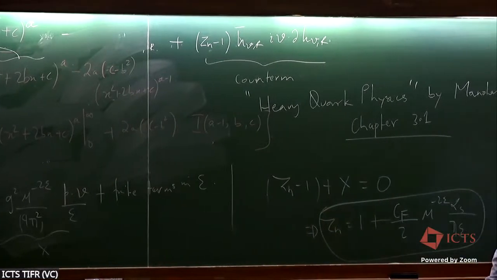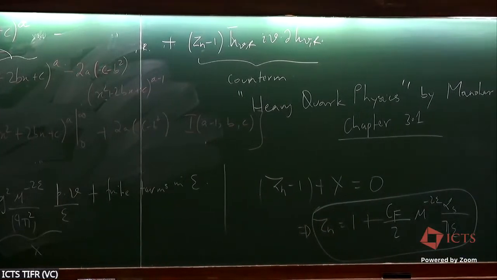This is my wave function renormalization factor. On Thursday, Professor Rishi will continue from here and use this relation to do the heavy-light current, or heavy current, and compute the anomalous dimensions associated with this composite operator.